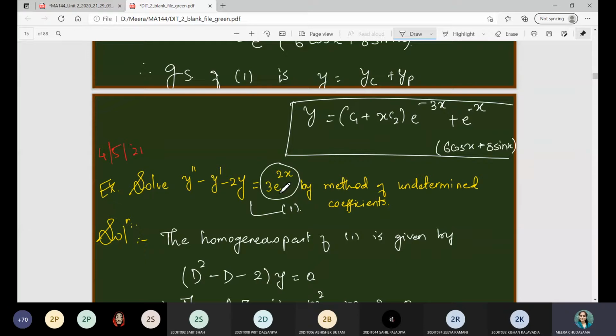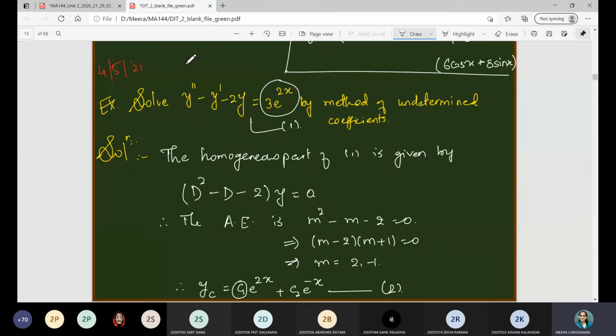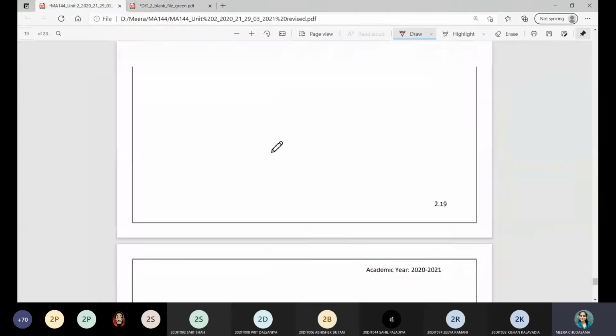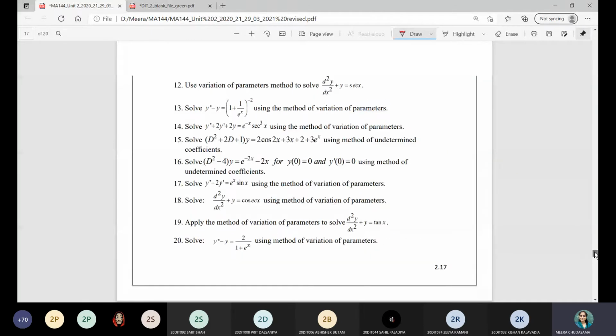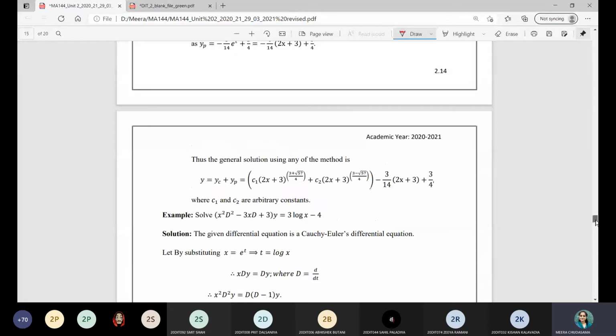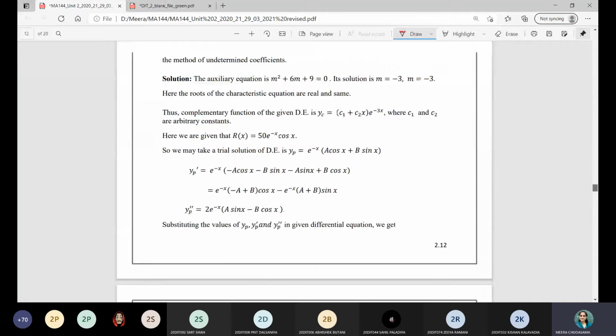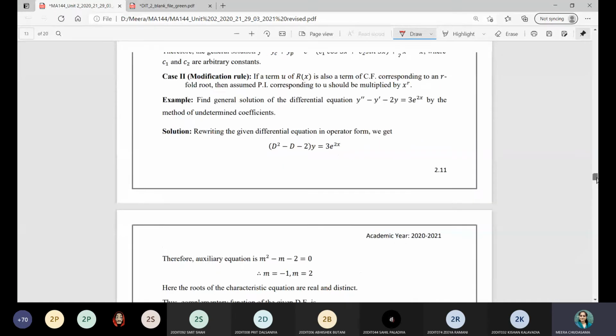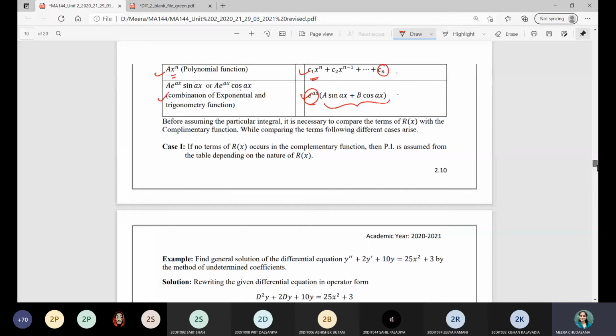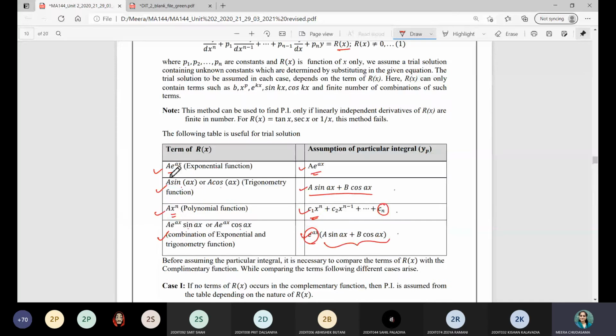From the table you can see this; you should be able to find it from the table. Here, if some constant quantity into e raised to ax is given, then you can choose the same form. Don't confuse with that constant quantity. Let me rewrite it. Suppose a into e raised to ax is given, or let me consider another constant.